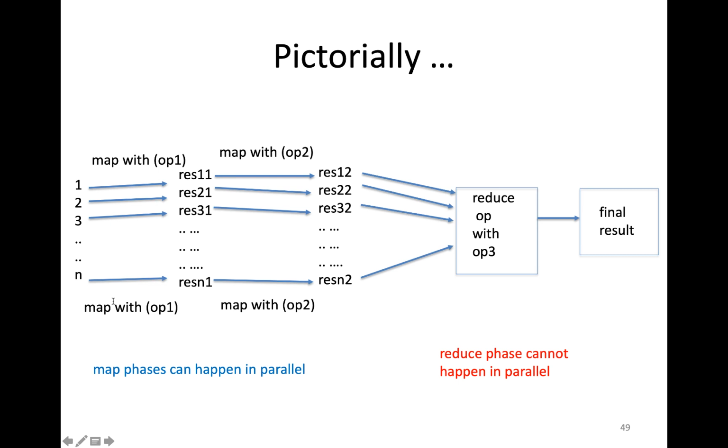And these map phases can happen in parallel, as we just discussed before, because this result does not depend on this result, they're independent. This result also does not depend on this result. So you can see that these map operations can happen happily in parallel fashion, and that takes the most amount of time, and we are saving a lot of time using this parallel computation, and then the reduce and get the final result.